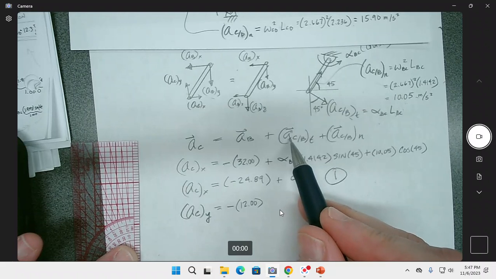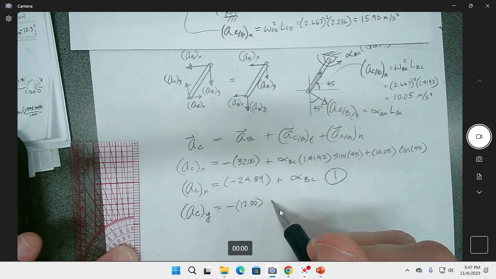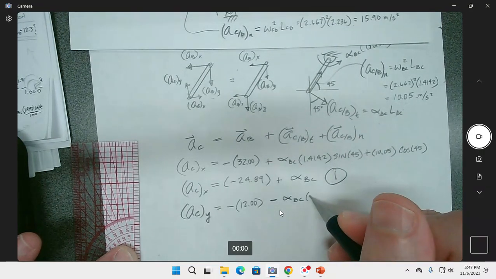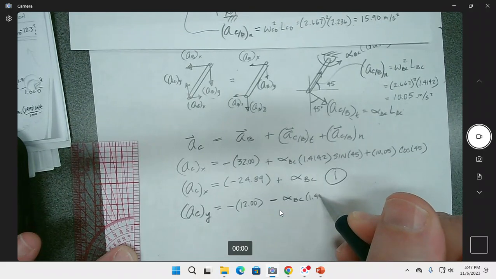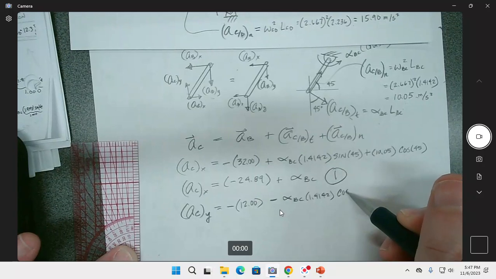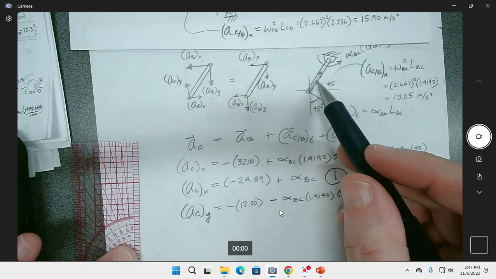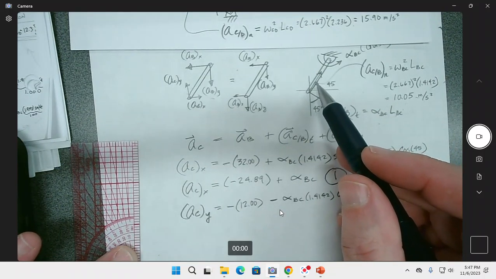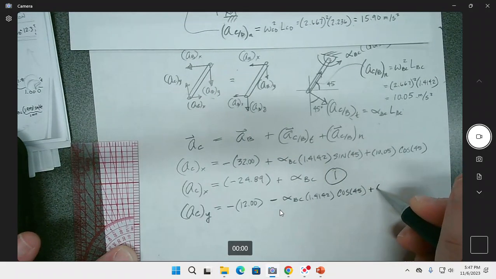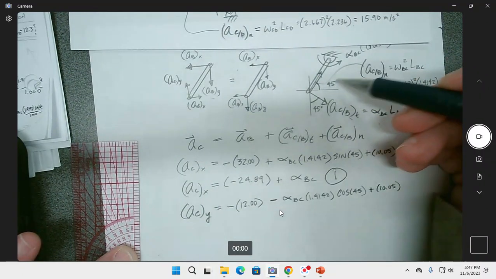And then we're going to have this guy again, and he's going to be negative as drawn, times the length, 1.4142, times now the cosine, but of course it didn't really matter. And then this is still positive for y direction. So it'll be plus 10.05, but now it's going to be the sine of 45.